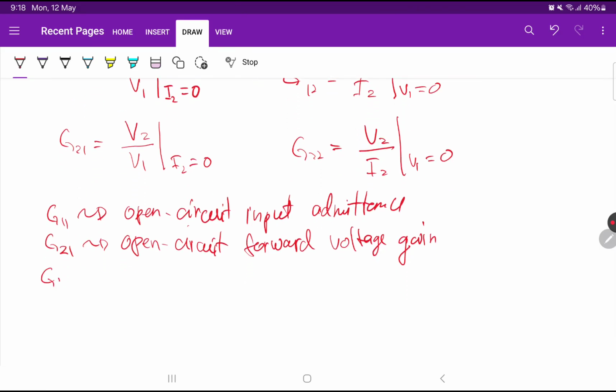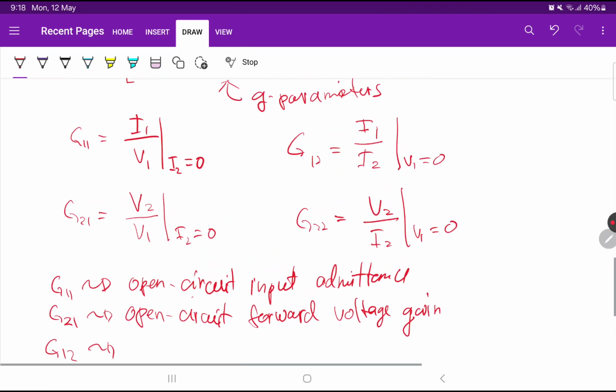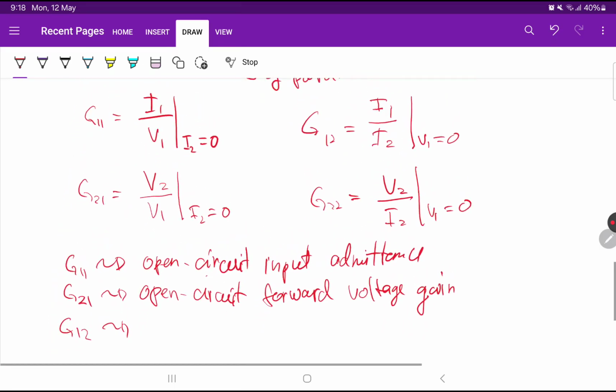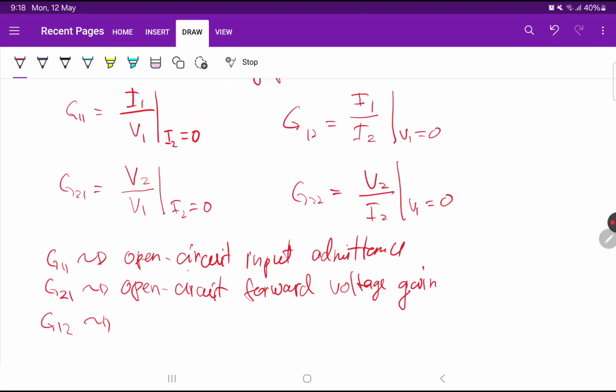Then for G12, it's not open circuit. This should be a short circuit because V1 is equal to 0, and it's a current gain. Short circuit, but this time it's in the output, so reverse current gain.